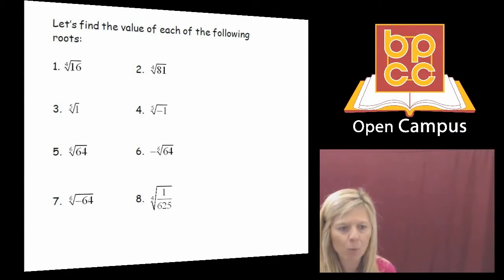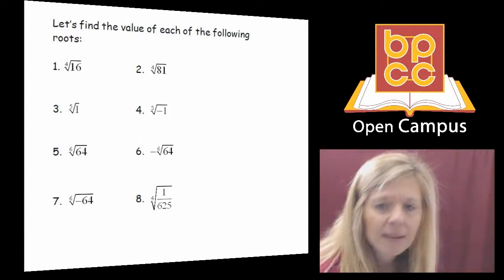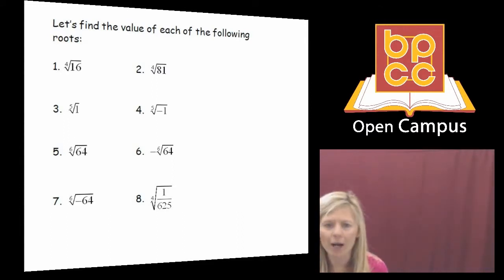Well, could it be 1 times 1 times 1 times 1? Nope, that's a 1. But can it be 2 times 2 times 2 times 2? Sure it can. So the fourth root of 16 is 2. If you look at example 3, that is the fifth root of 1. What number can you multiply 5 times that makes 1? Well, that's obvious. That's a 1.